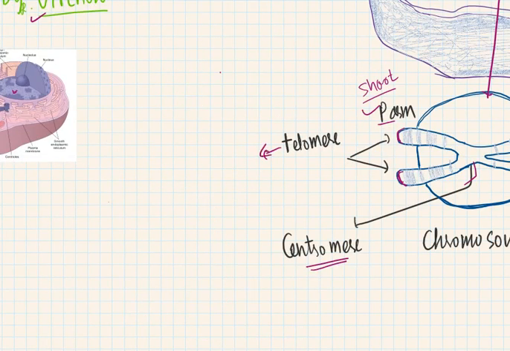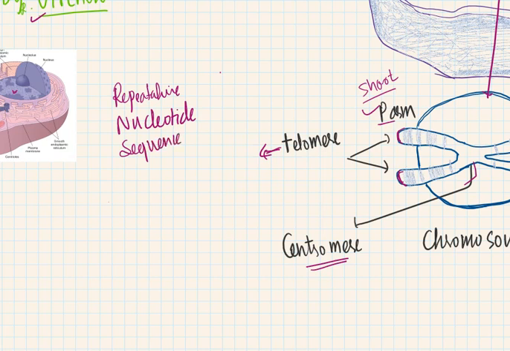This is the telomere. Telomere is a repetitive nucleotide sequence. What does it do? It makes a cap on this chromatid fiber.